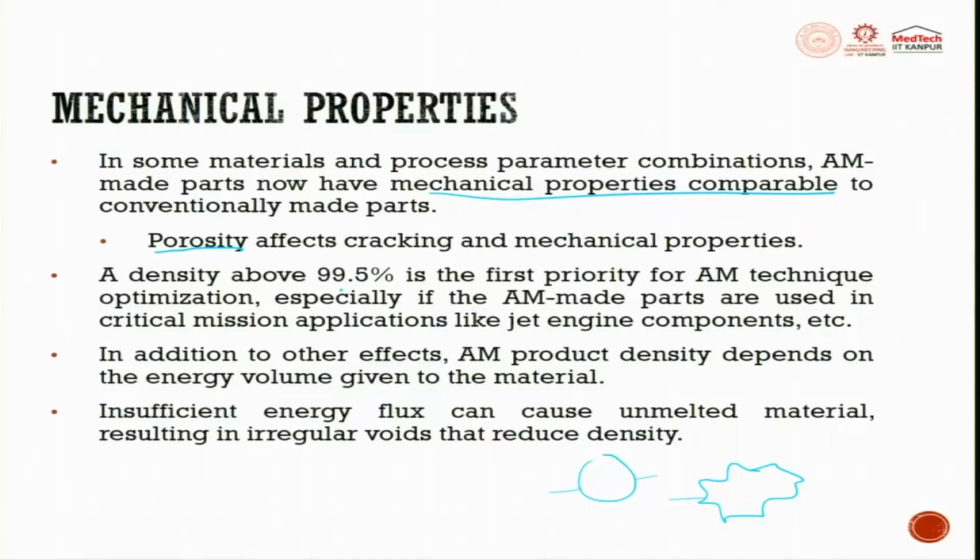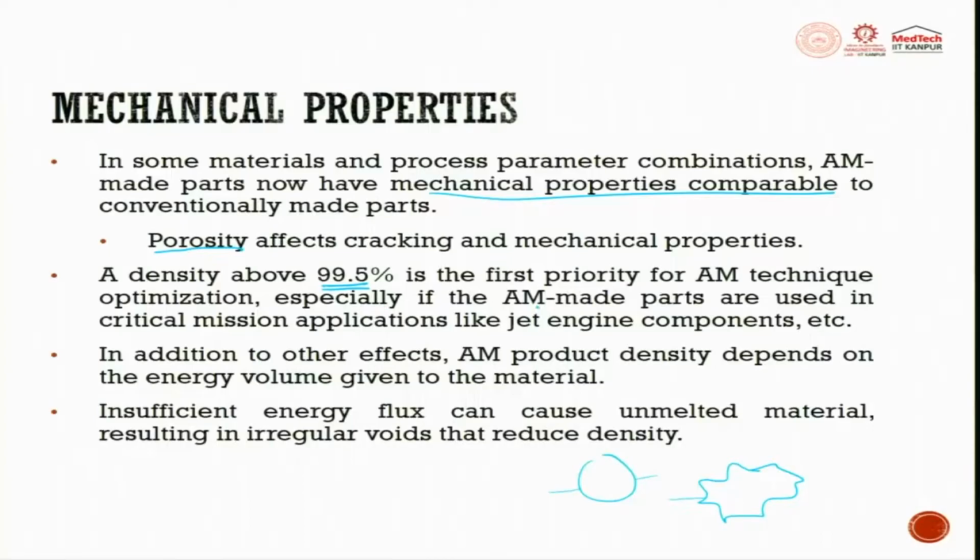A density above 99.5% is the first priority for additive manufacturing process optimization. In the beginning, metal additive manufacturing people were talking about 60%, then they moved to 80, then 90, 95, 98, then 99.